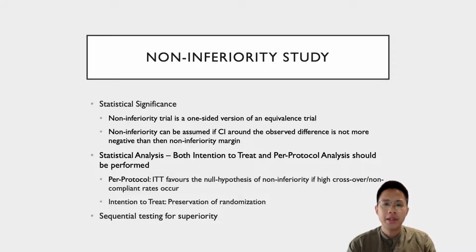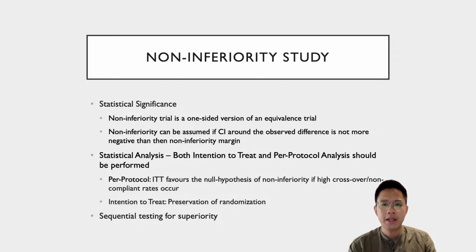Statistical analysis wise, as previously mentioned, both the intention to treat and per protocol analysis should be performed in non-inferiority studies. The reason why the per protocol analysis should be done is because, particularly for non-inferiority studies, the intention to treat analysis actually favors the null hypothesis of non-inferiority if there is a very high crossover or non-compliance rate.